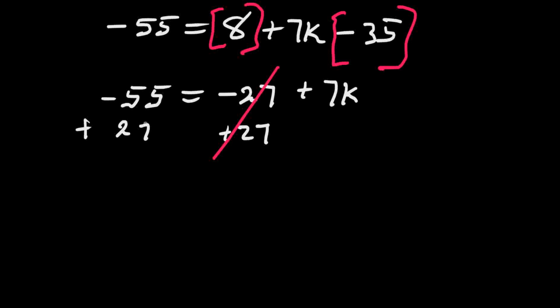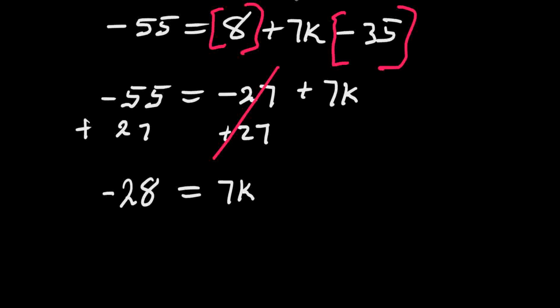So automatically this is going to give us negative 28. So this will give us negative 28 equals 7k.